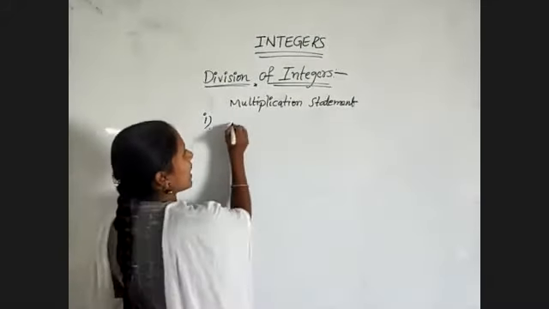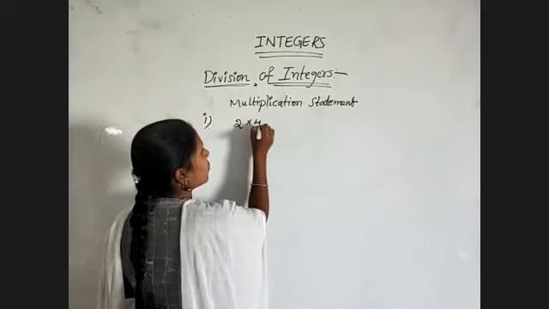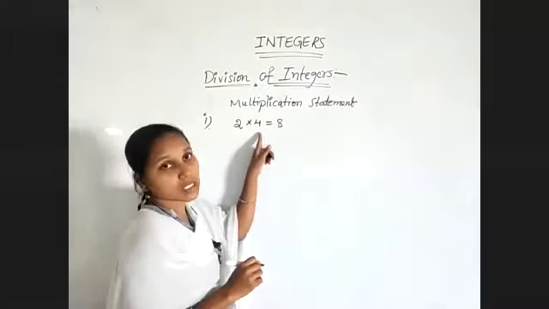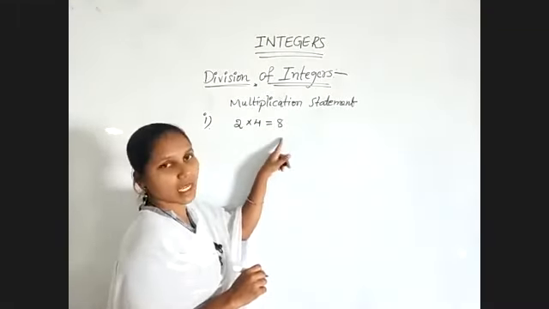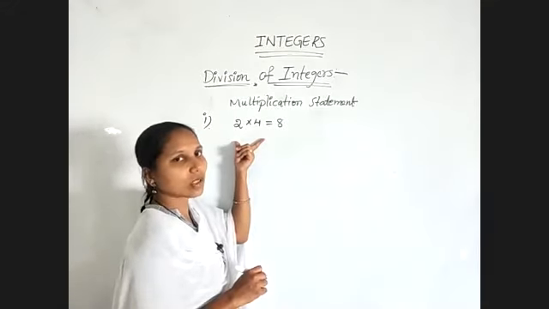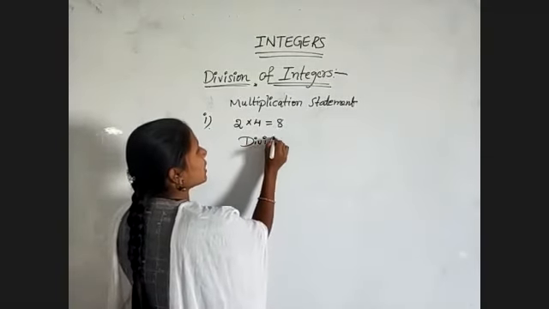Suppose I have the multiplication fact 2 into 4 is equal to 8. 2 and 4 are both positive integers, 2 fours are 8. Now for this multiplication statement, we can write two division statements.